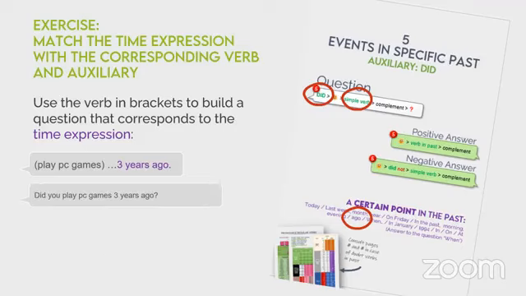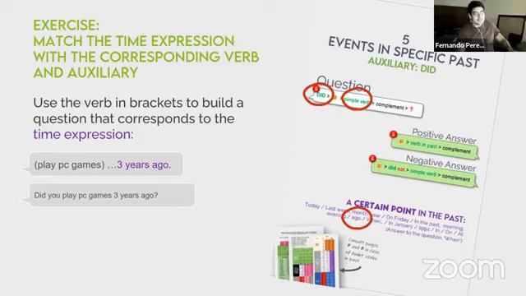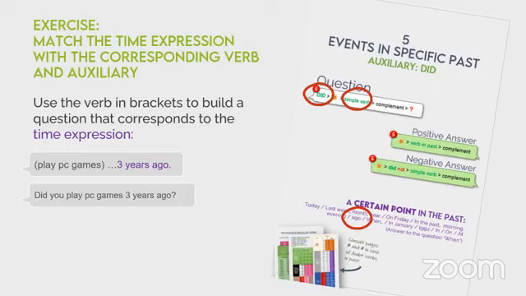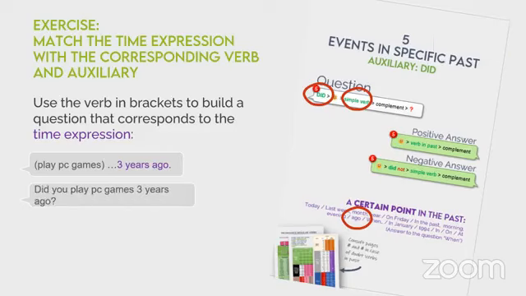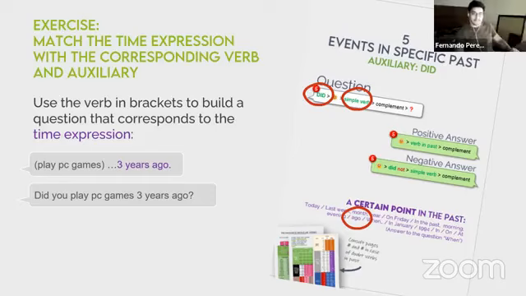Teacher, in this case, isn't it used in, on, or at? It depends. In 3 years ago, is it possible? In 3 years ago, impossible. No, no, no. In 3 years is for the future. Ago is for the past. So that's contradictory.